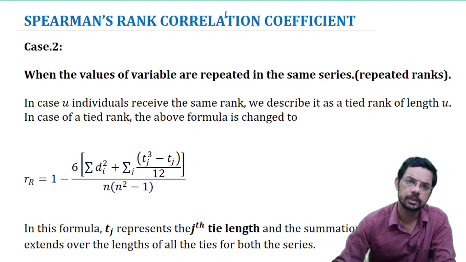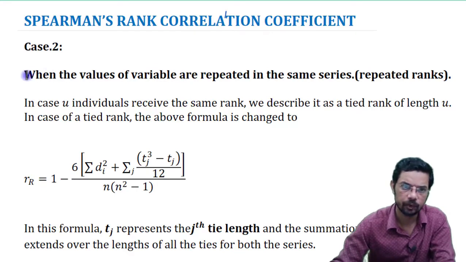Now we shall consider the second case. Here in the second case, we observe that there is a tie between the variables in the same series, that is, the values of the variable are repeated in the same series, or a particular rank is repeated more than once. Then which formula do we use to calculate the rank correlation coefficient?